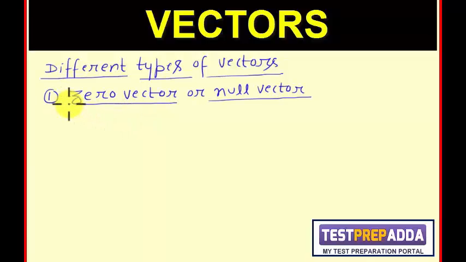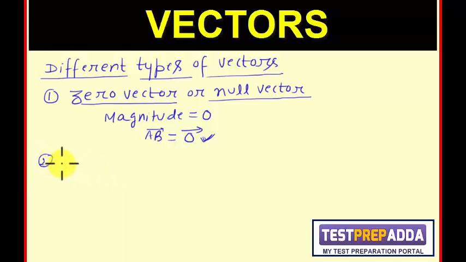As the name suggests, zero vector. So here the magnitude is zero. If B vector is zero vector, it is written as zero, and above it we write an arrow. Its direction is arbitrary. So this is zero vector or null vector.